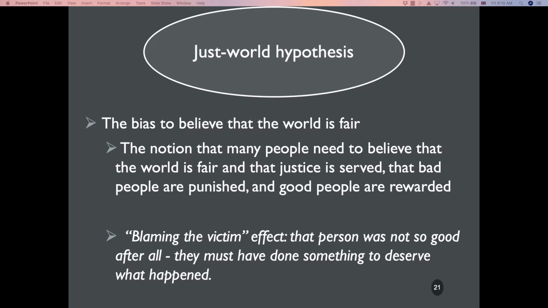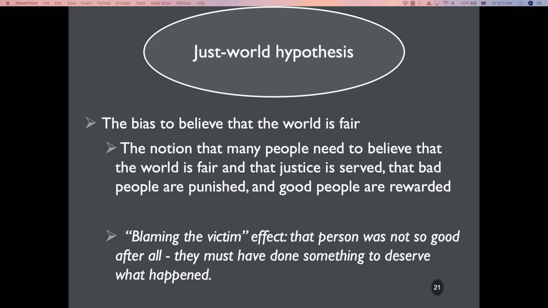If you break the law, you deserve to have your punishment. Might be you go to prison, might be that you have to do community service. We like to blame the victim. Well, that person wasn't very good. They got what they deserve. If they break the law, that is what should happen. We call this the just world hypothesis.